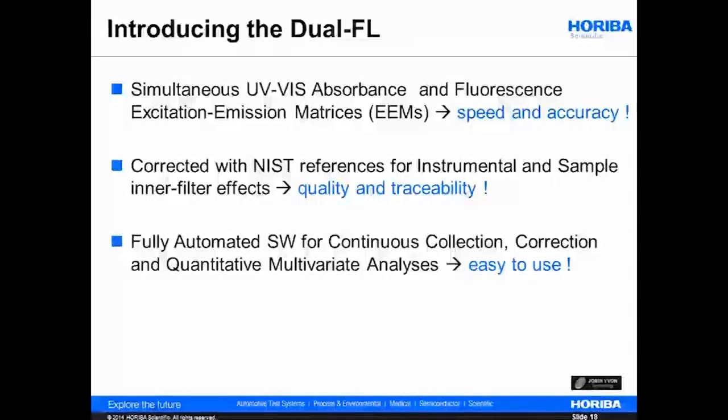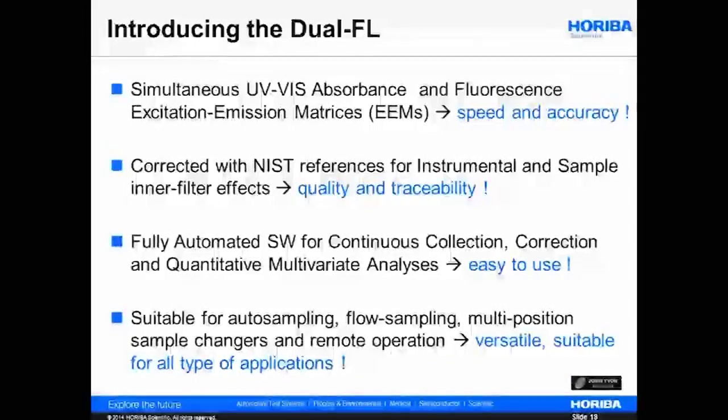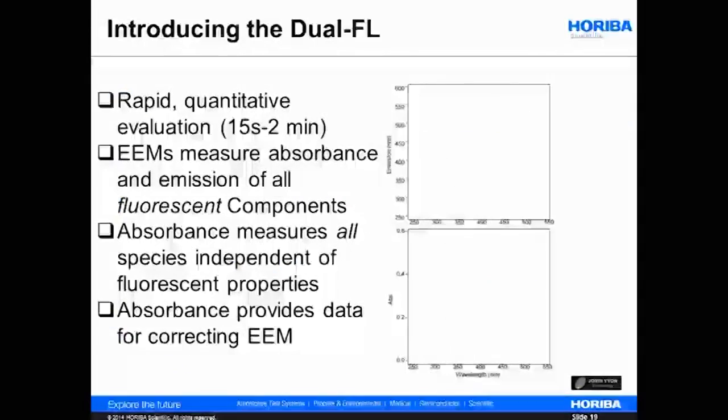The software is fully automated for continuous collection, correction, and quantitative multivariate analysis, making it easy to use with all necessary tools already implemented in the software. And the Dual-FL is also suitable for auto sampling, flow sampling, multi-position sample changes, and remote operation, making it versatile and suitable for all types of application.